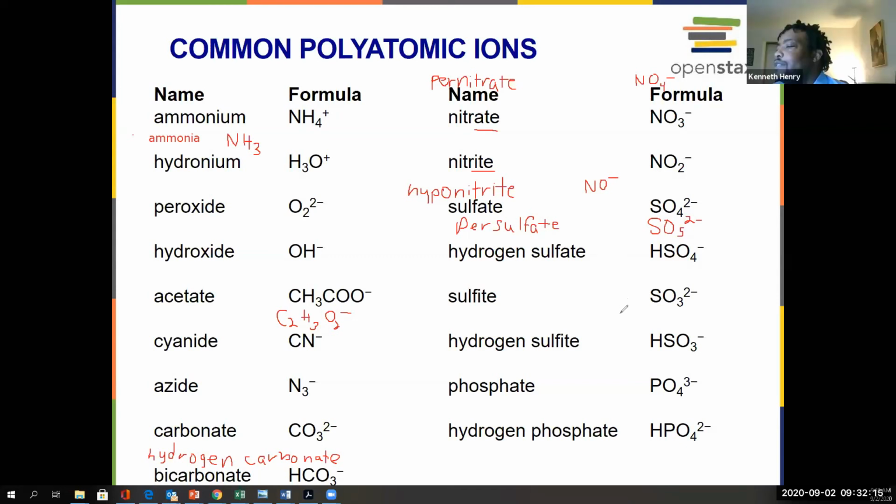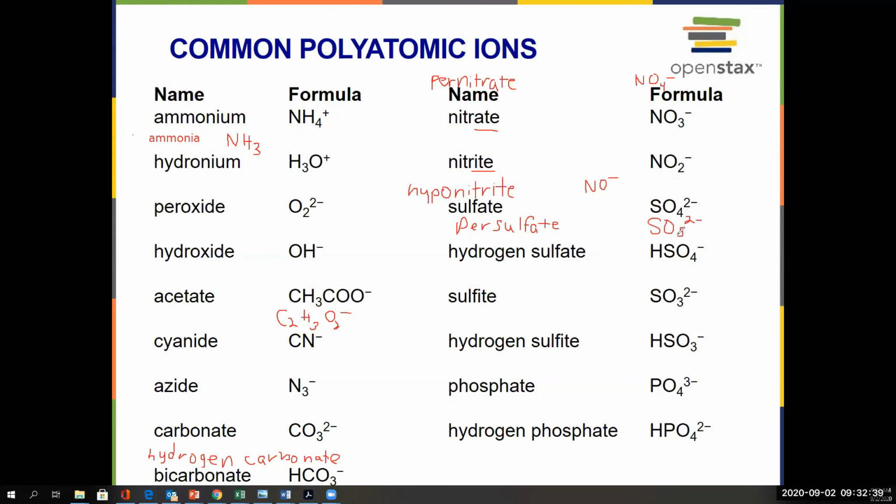Are you guys, you got yourself muted? Good. So from that ate, if the ate has 3 in this case, then it goes up to 4. So persulfate, well, sulfate has 4 oxygens, so we're going to bring it up to 5. So can you guys see that? Yes. Okay.